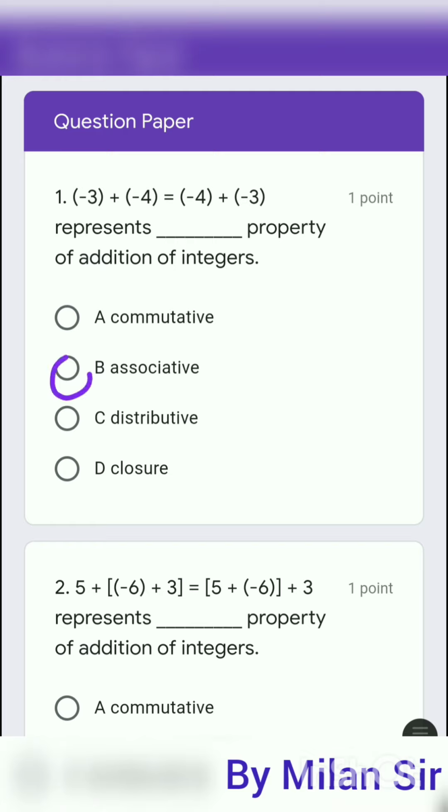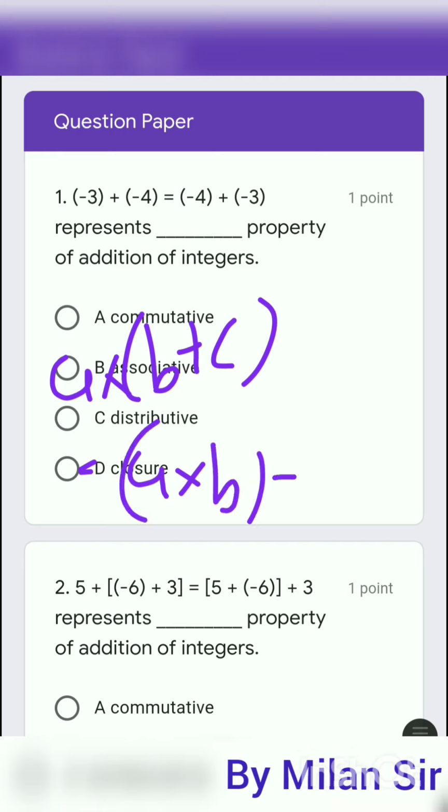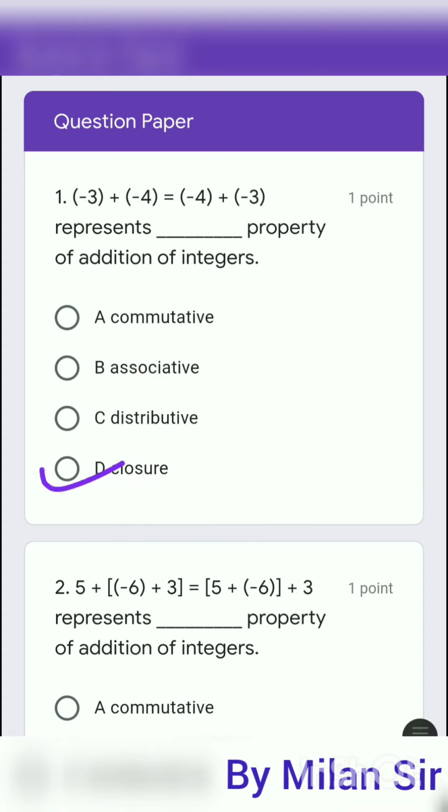And distributive, a cross b plus c is equals to a cross b plus a cross c. This is called distributive property, right? And in closure property, so closure property means what? If we take two integer numbers and if our answer it is even integer number, then it is called closure property, right? So here our answer is commutative property.